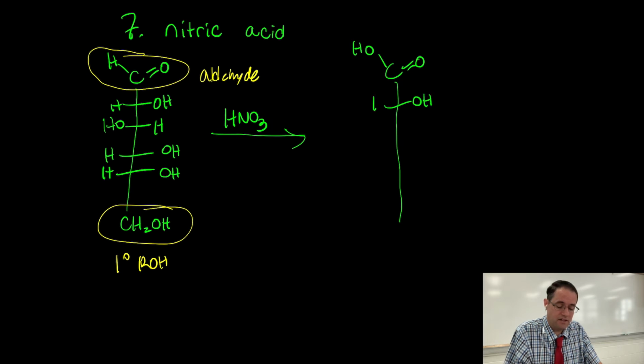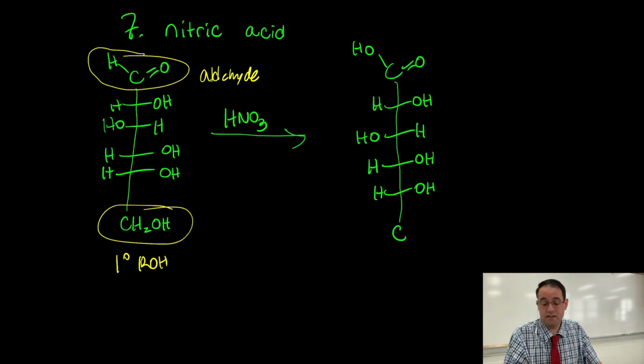These other secondary alcohols are more hindered. They're less reactive under these reaction conditions and do not react. But the primary alcohol is more sterically accessible, and you get a carboxylic acid here. As you might guess, this has a special name. It's called an aldaric acid.